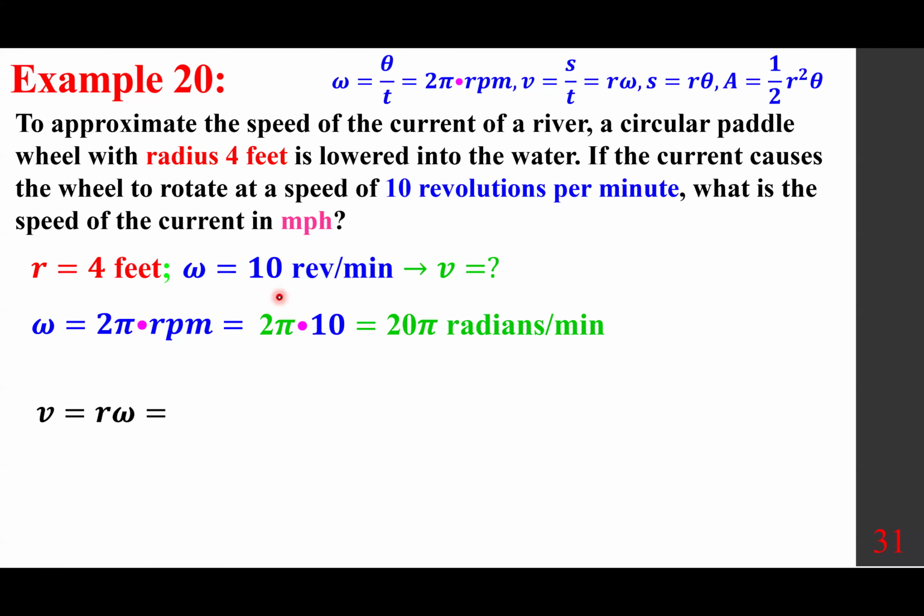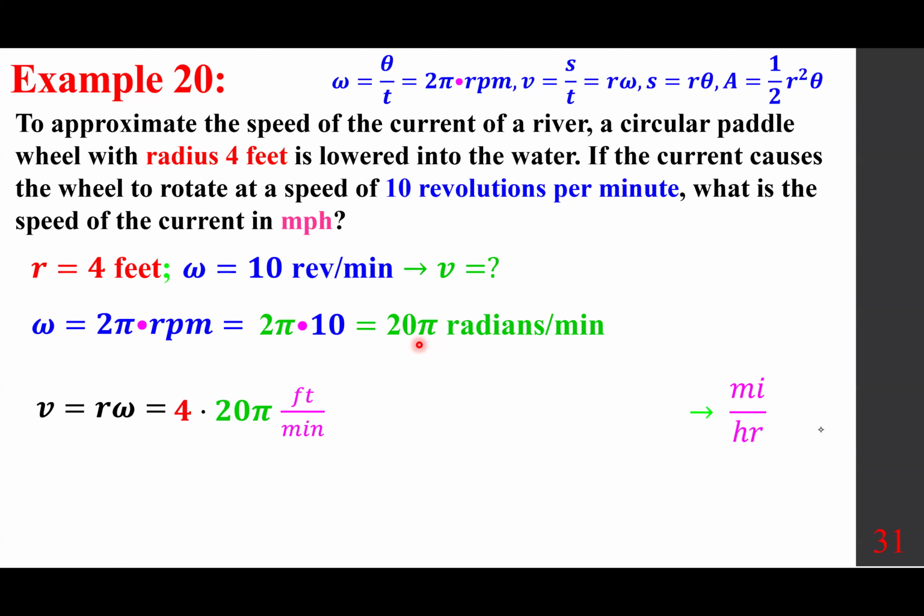V equals R omega, where R is 4 feet and omega is 20 pi per minute. So we have 80 pi feet per minute.